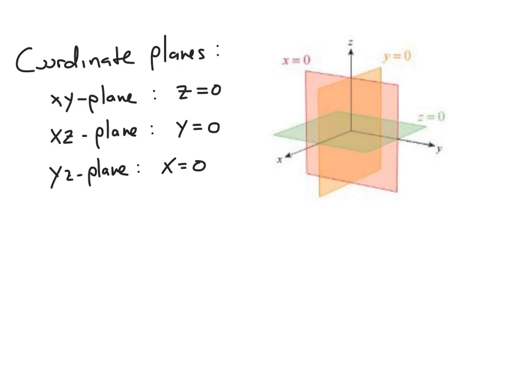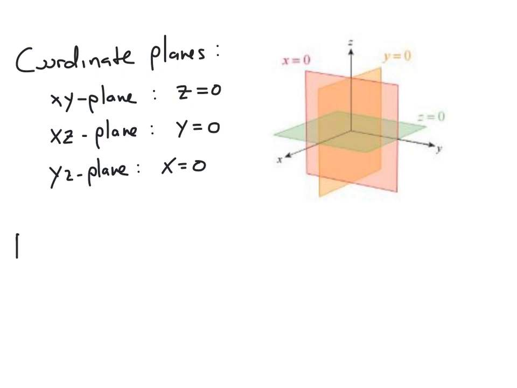And the yz plane represents the points through the y and the z axes, and that's given by x equals 0. Often it's hard to draw planes, so we'll oftentimes use pictures or technology to do that. But in this case, these three planes are not too difficult to visualize when you're working in three-dimensional space.